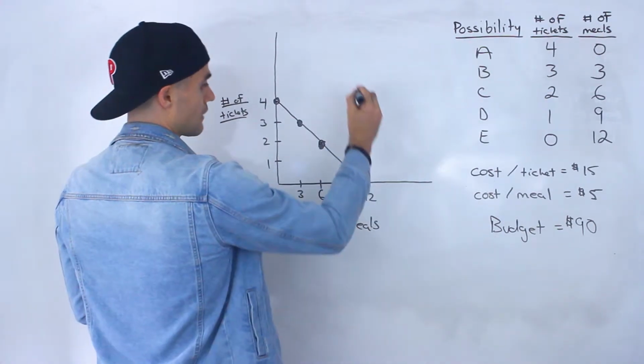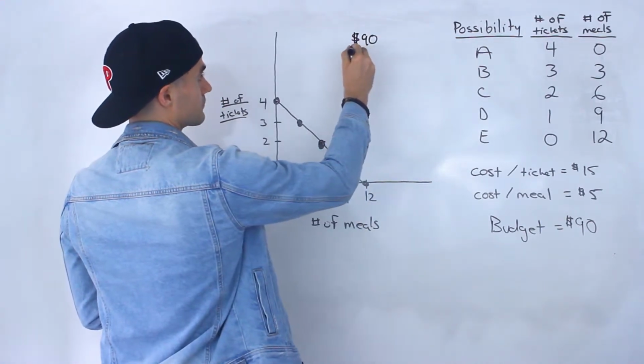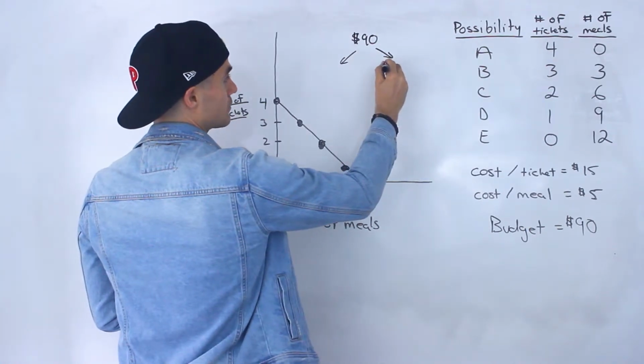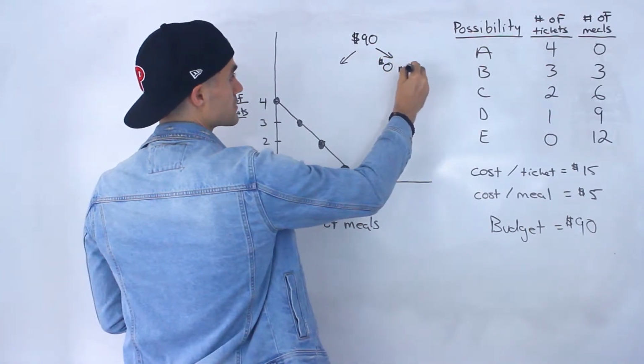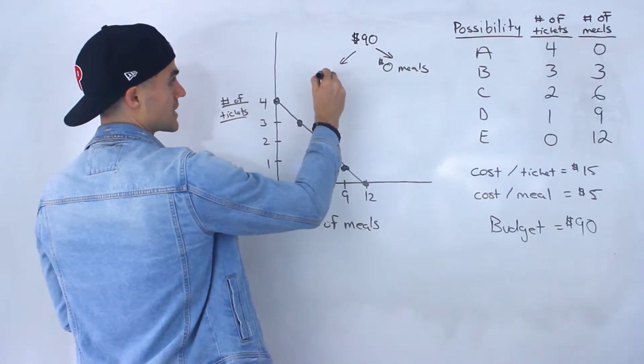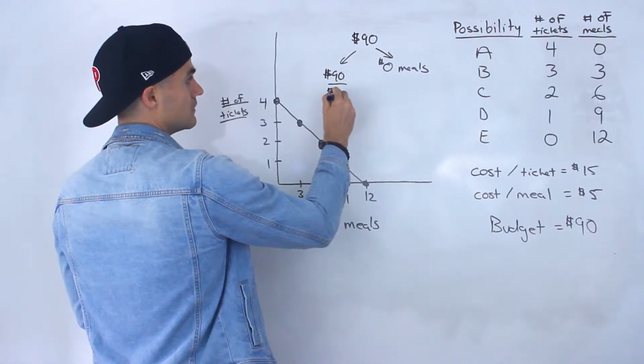So if I have a $90 budget, and let's say that I'm going to spend $0 on meals. So all of the $90 are going to be spent on movie tickets. How many movie tickets can I buy? Well, 90 divided by 15, 6.